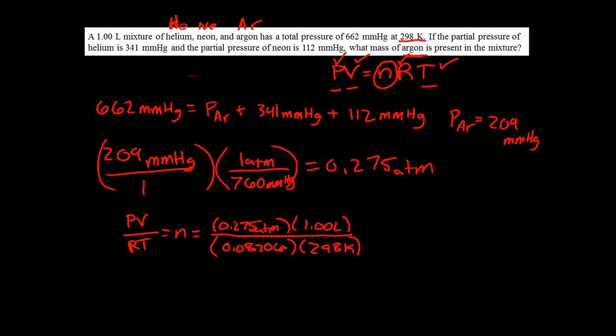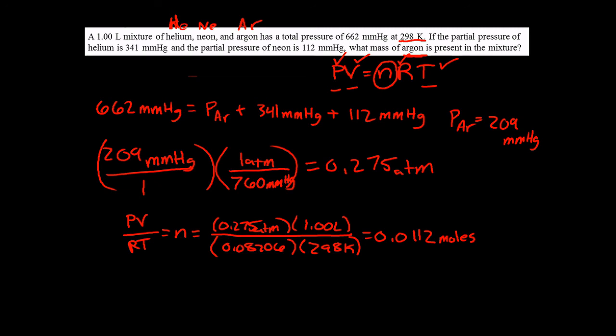And the units there were liter atmospheres per mole K. And so if I do the math, 0.275 divided by 0.08206 divided by 298. The number of moles of argon that I have is 0.0112 moles.